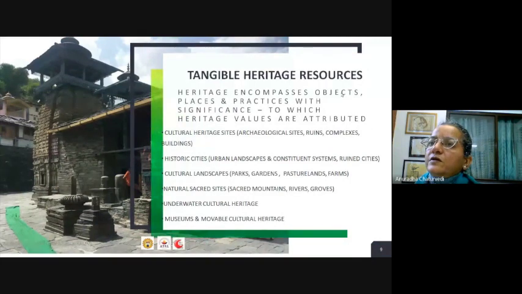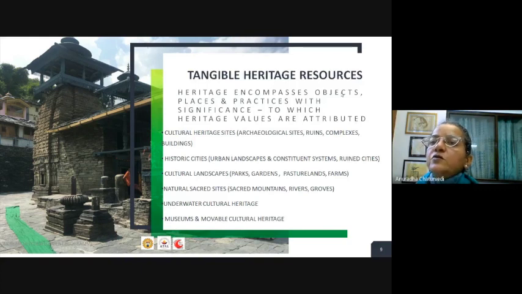So, tangible heritage resources, as you would already be aware, encompass cultural heritage sites such as archaeological sites, ruins, complexes, and buildings. Tangible heritage resources can range in scale to very large historic cities or historic centers.